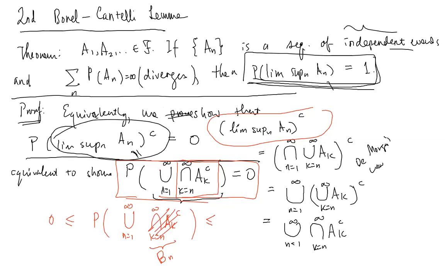The summation of B_n. Okay, the summation of the probability of B_n. This is basically just your Bonferroni inequality.